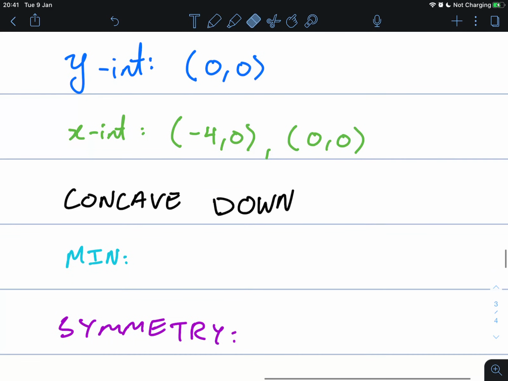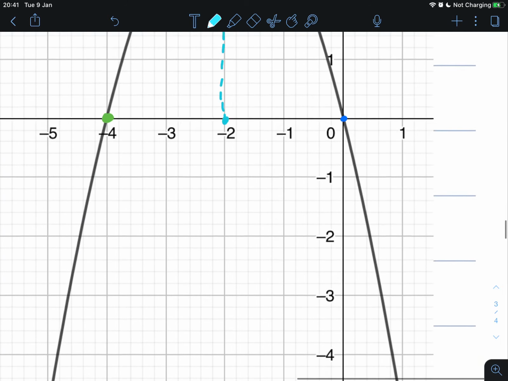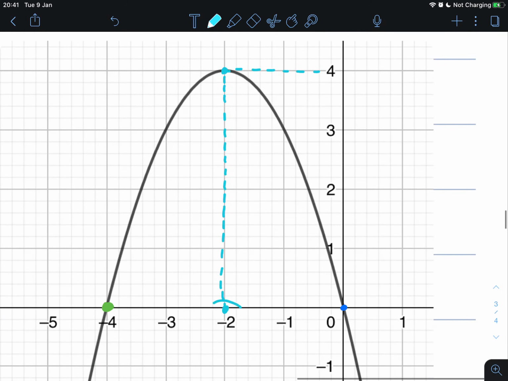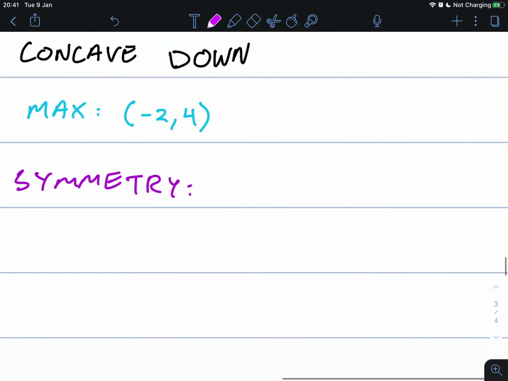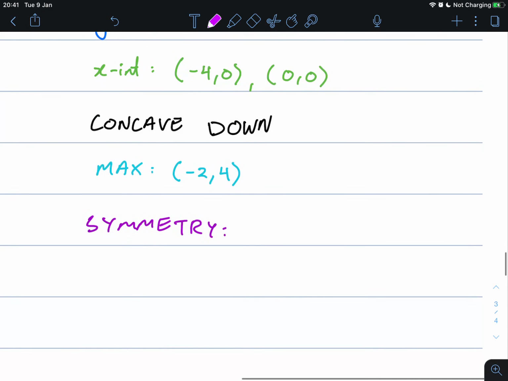So not my minimum, my maximum is at -2, 4, which is what it was matching here and here. And lastly, the axis of symmetry just shares the same x value as the vertex. So it's at x equals -2.